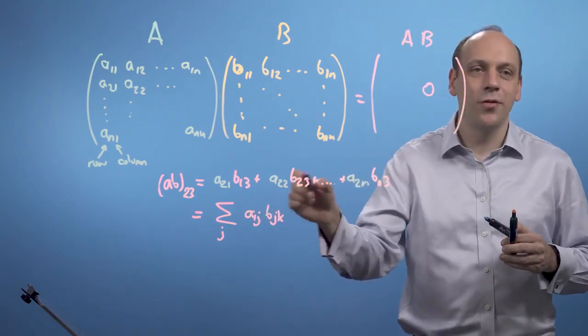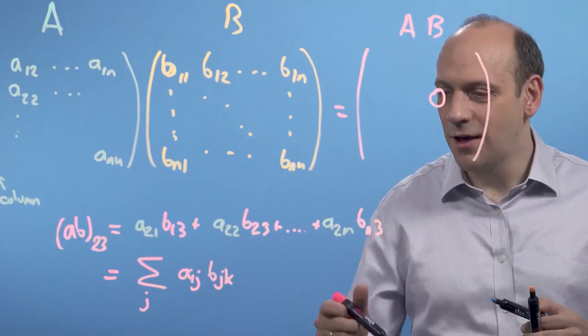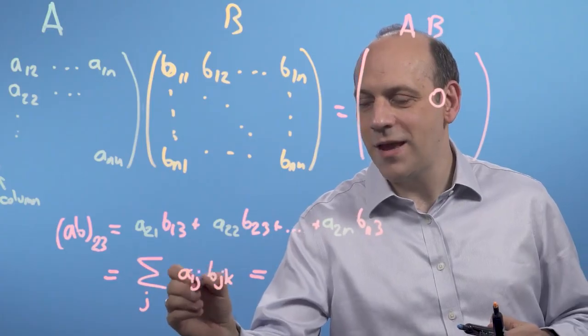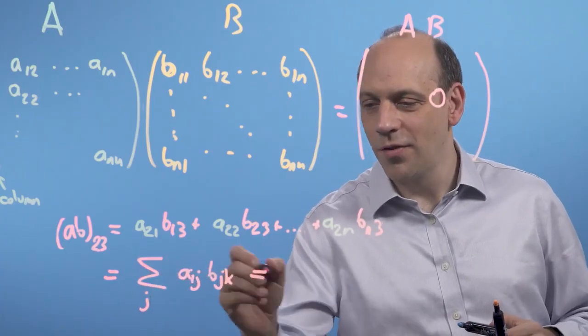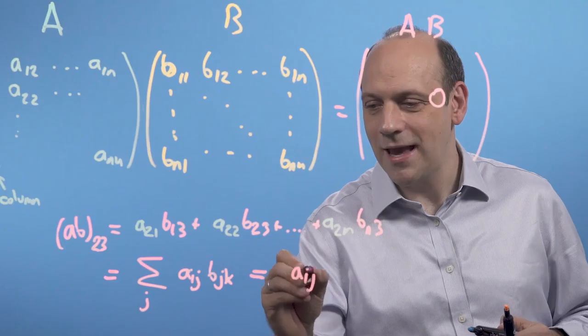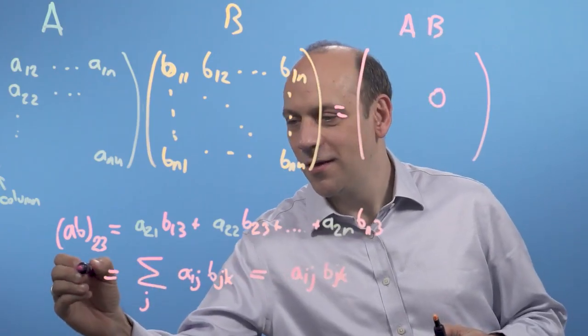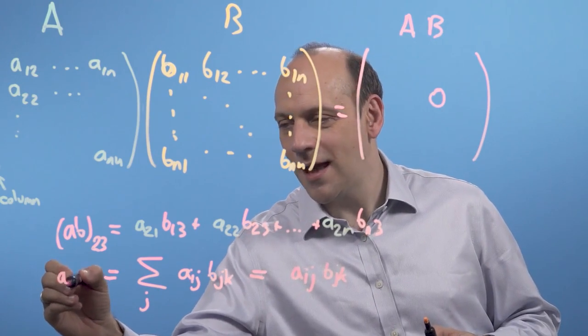And I'm going to then go around all the possible i's and k's. So what Einstein then says is, if I've got a repeated index, I just won't bother with the sum, and I'll just write that down as being Aij Bjk, and that's equal to this, the product ABik.